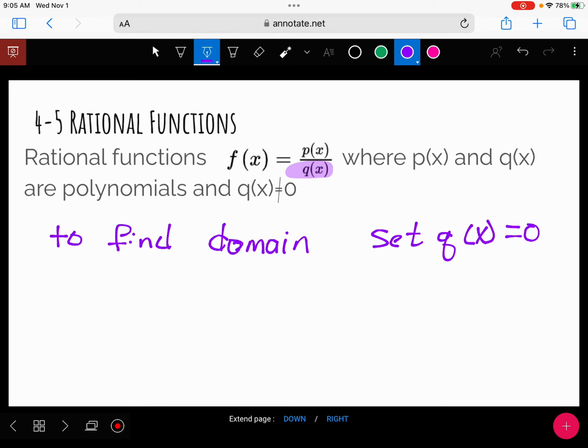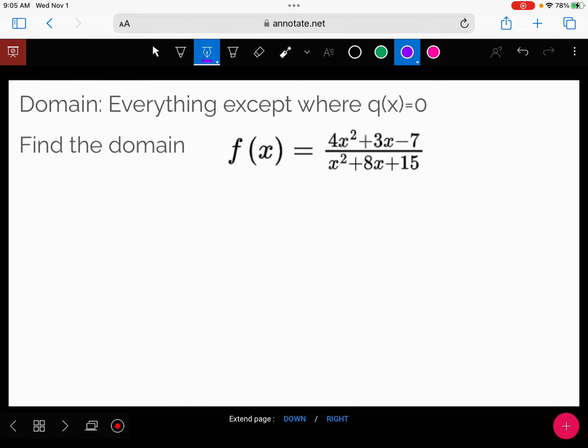So our first rational function that we're going to deal with and find our domain on is this guy. So we have f of x equals numerator of 4x squared plus 3x minus 7, denominator of x squared plus 8x plus 15. So we need to find everything except where Q of x equals 0.